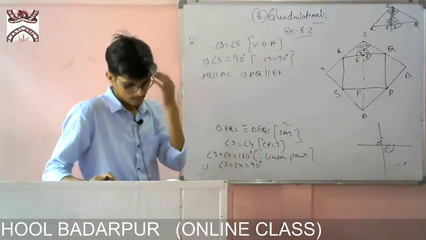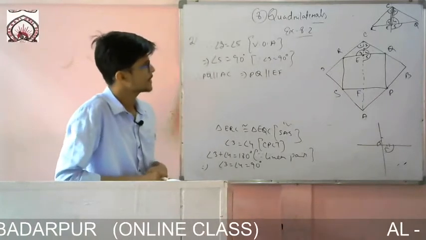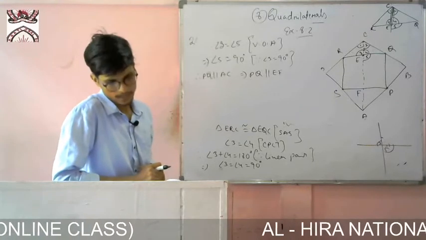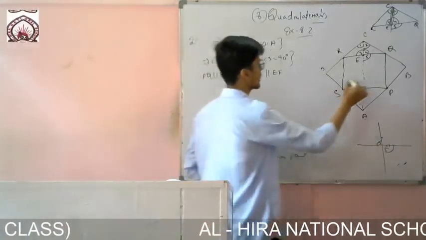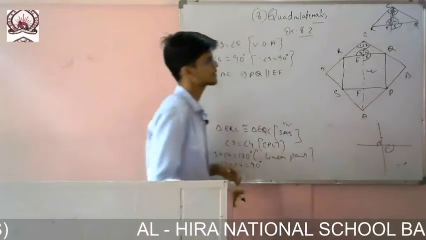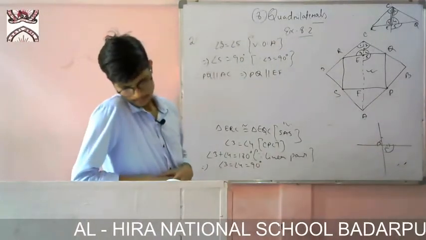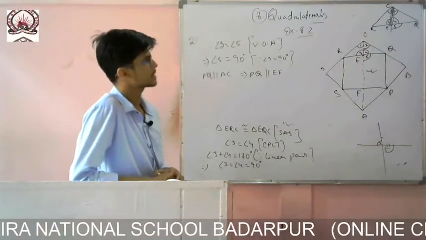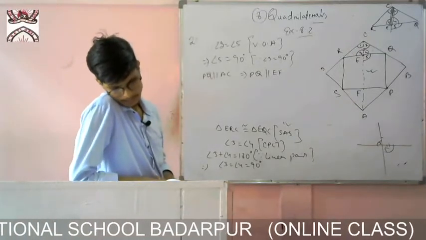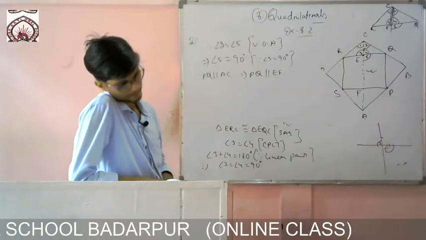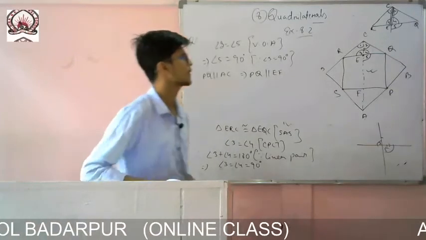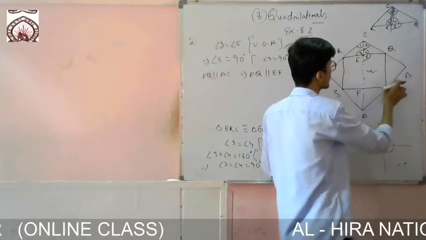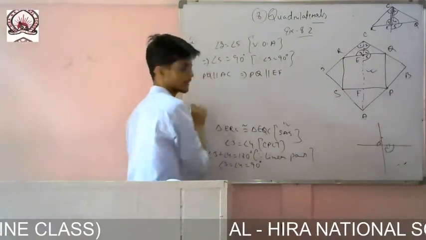Now you see, PQEF. If you take this rectangle, what we are getting is that one angle is equal to 90 degrees, so angle 5 is equal to 90 degrees. What I am getting in this quadrilateral PQEF, in quadrilateral you write like this.